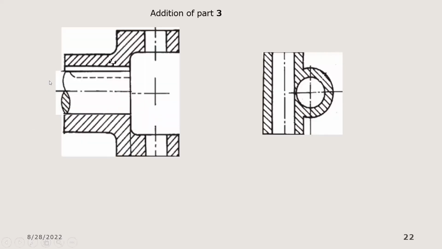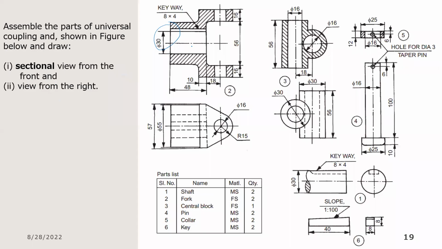All right. So part 1, part 2. We go again and look at the drawing. What parts face into what? In the front views of both parts 2 and 3, we see that these dimensions match.